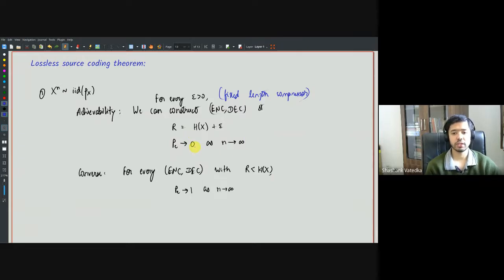As n tends to infinity, the probability of error becomes smaller and smaller.